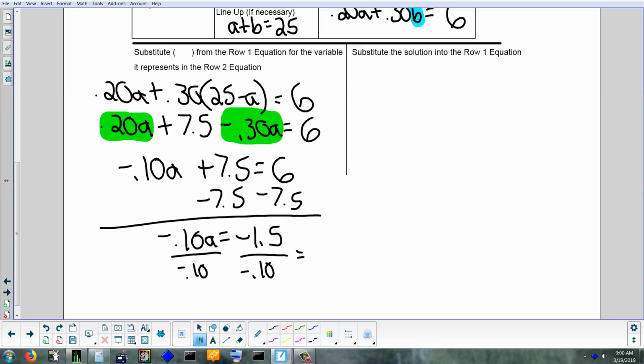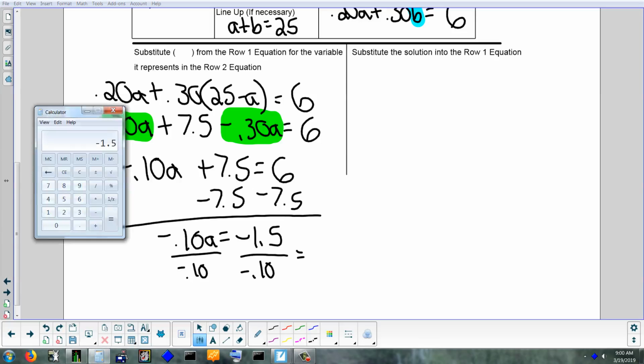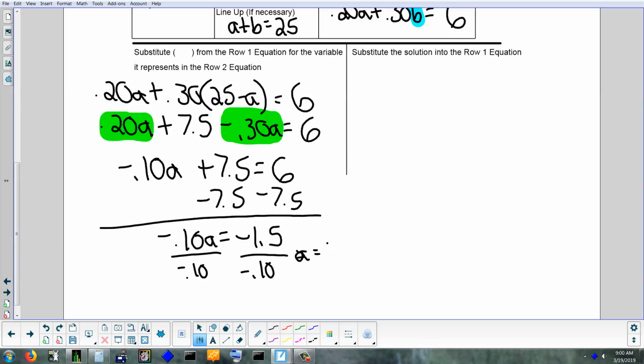Because a negative divided by a negative will be a positive. So we got, clear, 1.5 divided by 0.10, 15. So A equals 15.